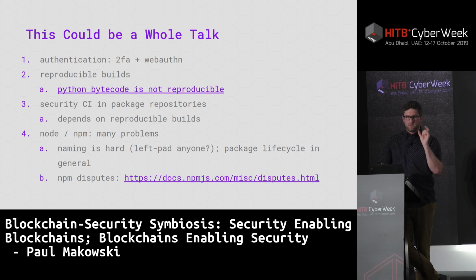WebAuthn is, if you have those USB sticks, Google markets one called Titan. Yubico has other ones. They're invulnerable to phishing because they're not going to be confused like a human is, and they're not going to respond with the correct response to an incorrect domain, right? So building that kind of thing into whatever web app you're building, that helps.